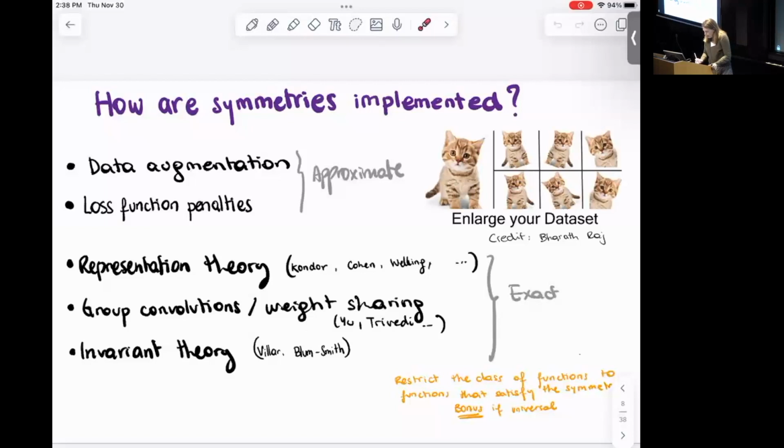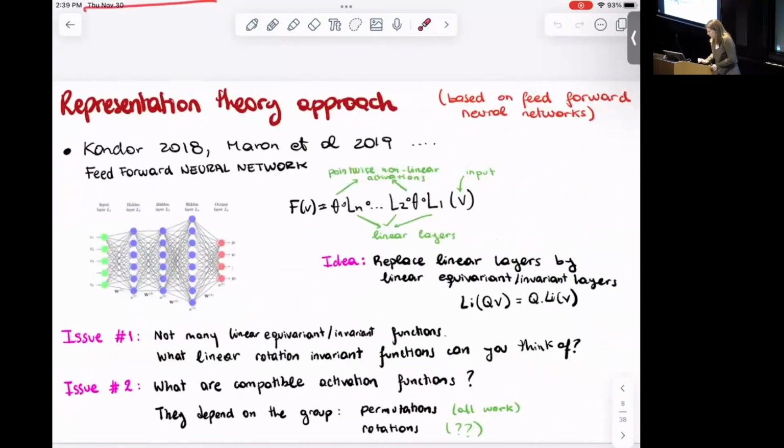But for exact symmetries, what people use is representation theory, and I'm going to explain how you can use representation theory to parameterize the space of equivariant functions. And then group convolutions or weight sharing, which is similar to what people do for graph networks, and then invariant theory, which is something that I'm going to discuss later.